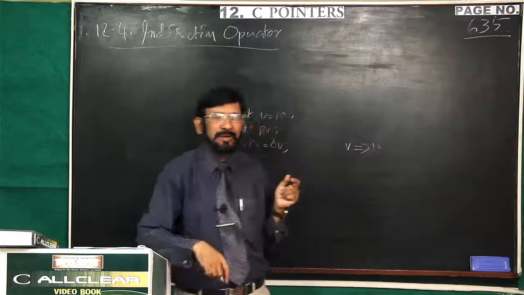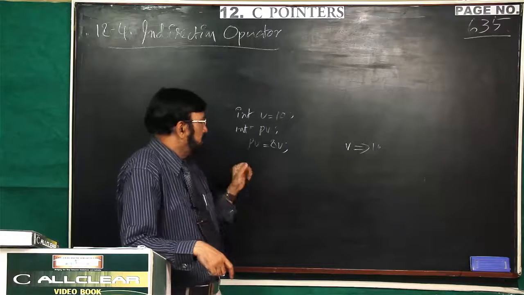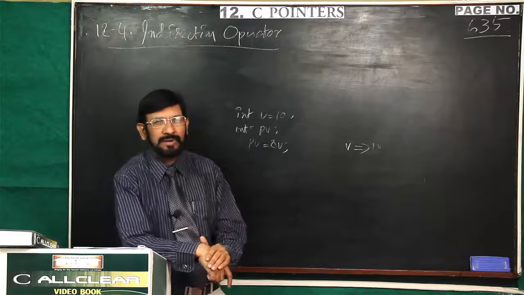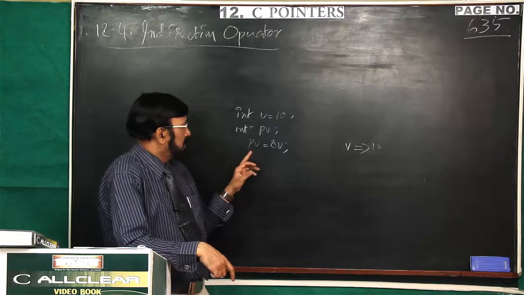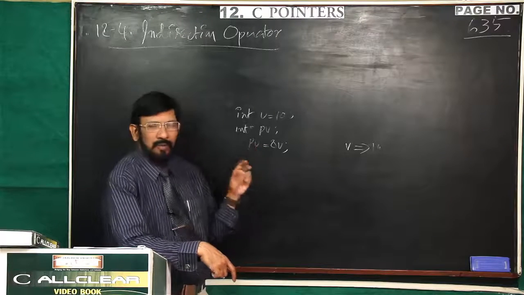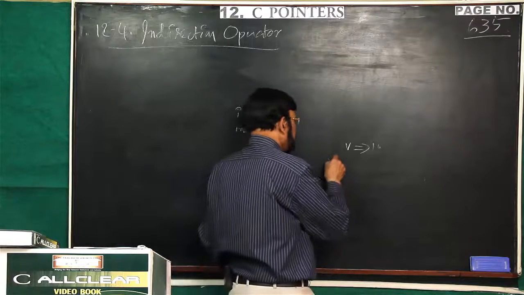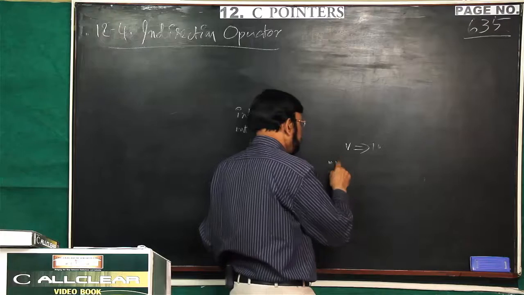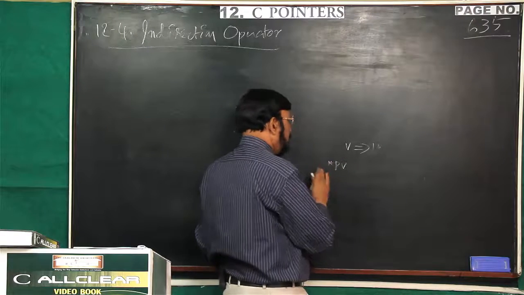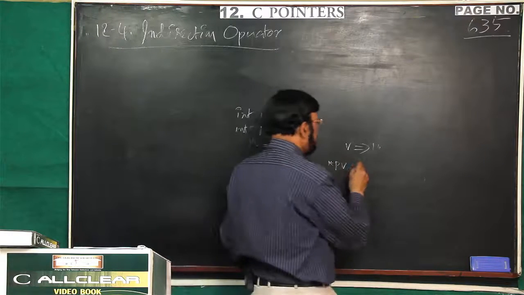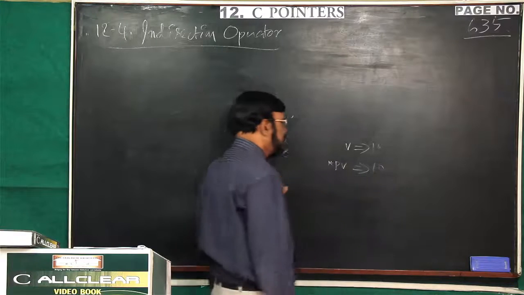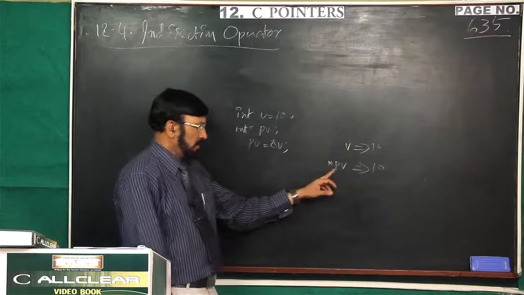There is an indirect way. What is the indirect way? Now we created a pointer, that is a pointer variable pv, and write star pv. Star pv also retrieves 10. What is the meaning of this?